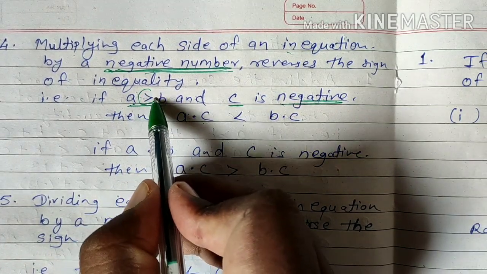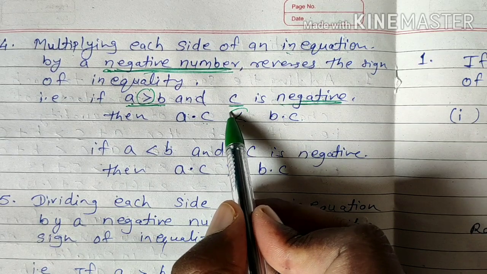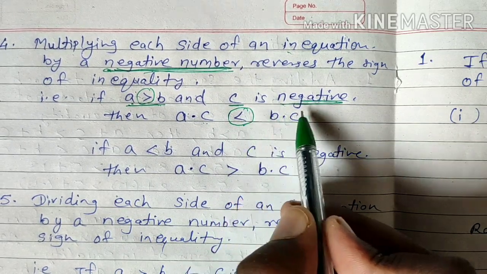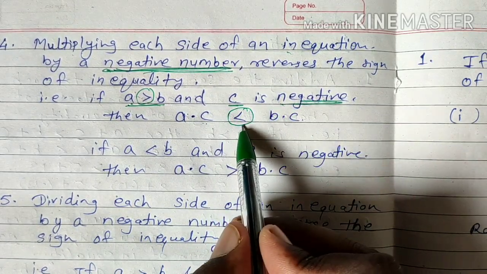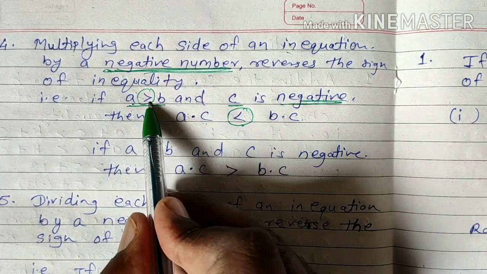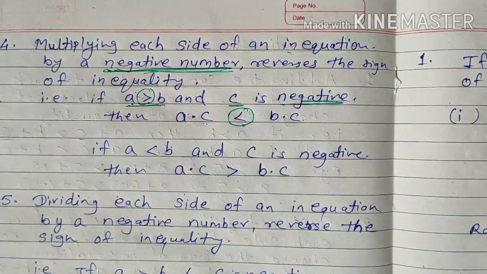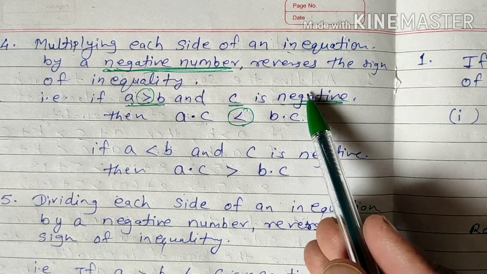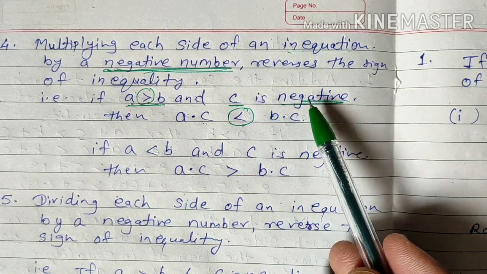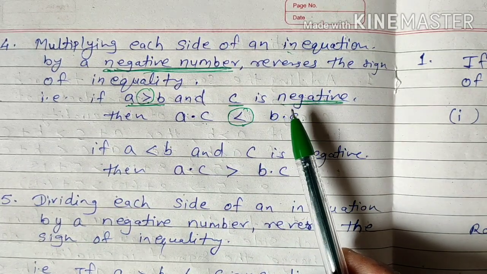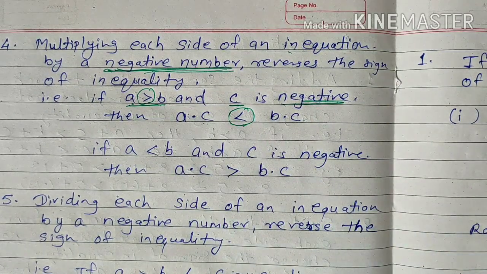Here it is greater than, and after multiplying by a negative number C, it changes. Here it is greater than and here it is less than. Okay, so it happens only for a negative number. If we multiply by a negative number, the inequality sign changes.